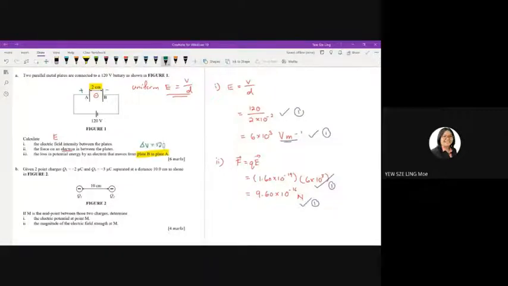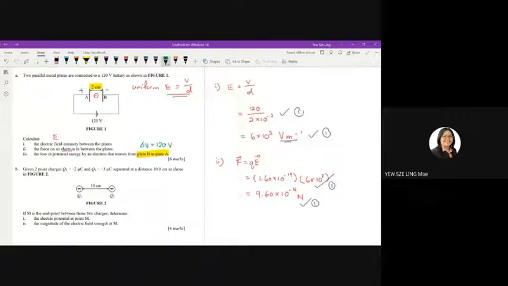One of you substituted V as negative 120, which is wrong. Delta V should be positive 120 because your electron is traveling from the lower potential plate to the higher potential plate, from the negative towards the positive plate.